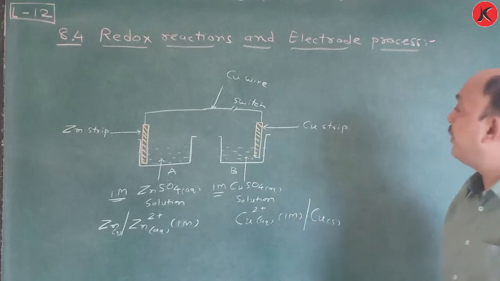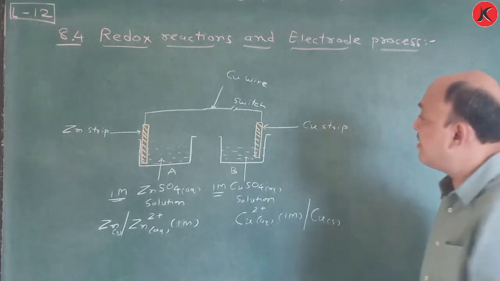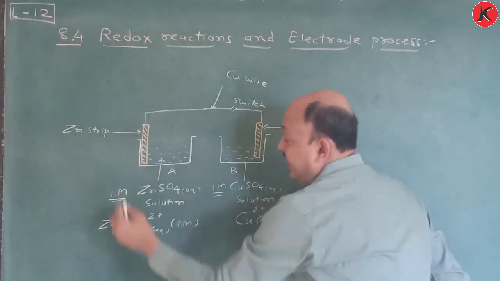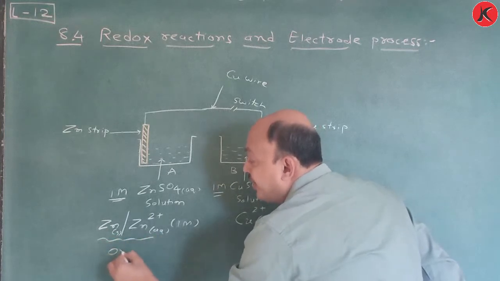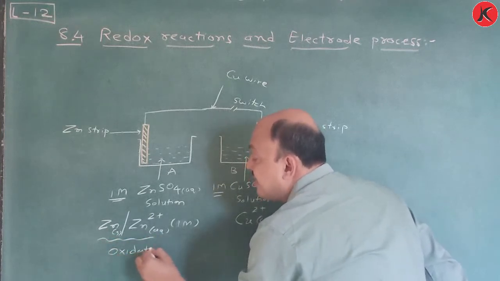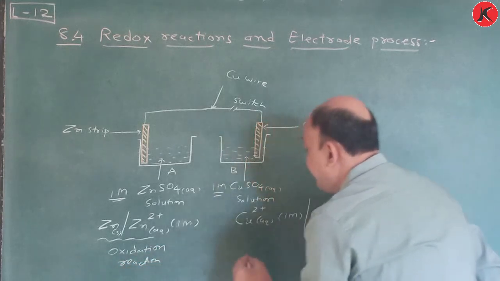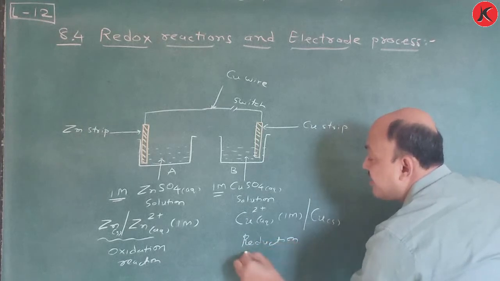And then we have to put them in this way. So here, when we put the Zn strip, this Zn tendency is there. This tendency is known as oxidation reaction, and this is known as reduction reaction.